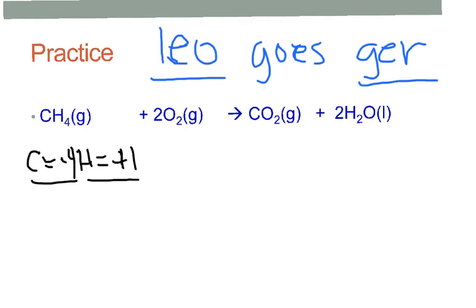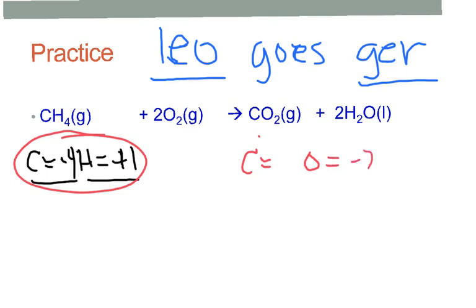Alright, so let's compare these oxidation numbers here with the carbon in the products. In the products, we know that oxygen has to have a -2 oxidation number.